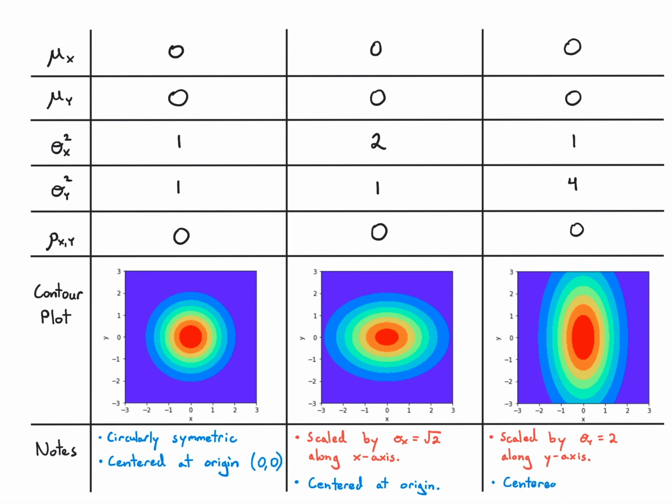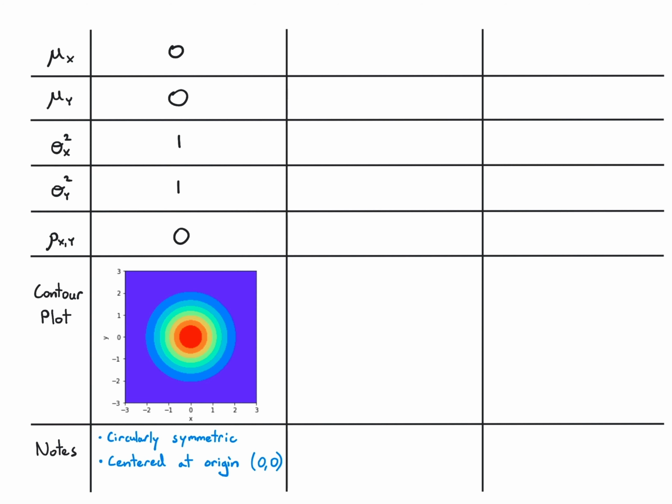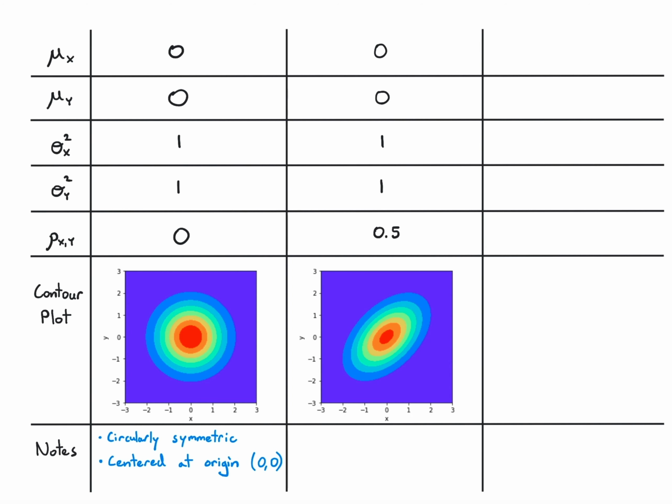Okay, so we've played with the means, we've played with the variances, and let's play with the correlation coefficient. So we're going to leave everything the same, and now I'm just going to adjust the correlation coefficient to 1/2 or 0.5. And I get something that is now going to be stretched along the y equals x line.